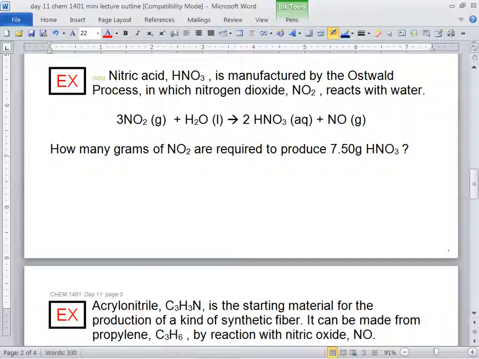Nitric acid is manufactured by the Ostwald process, in which nitrogen dioxide reacts with water. How many grams of nitrogen dioxide are required to produce 7.5 grams of nitric acid? Okay, so give it a shot.